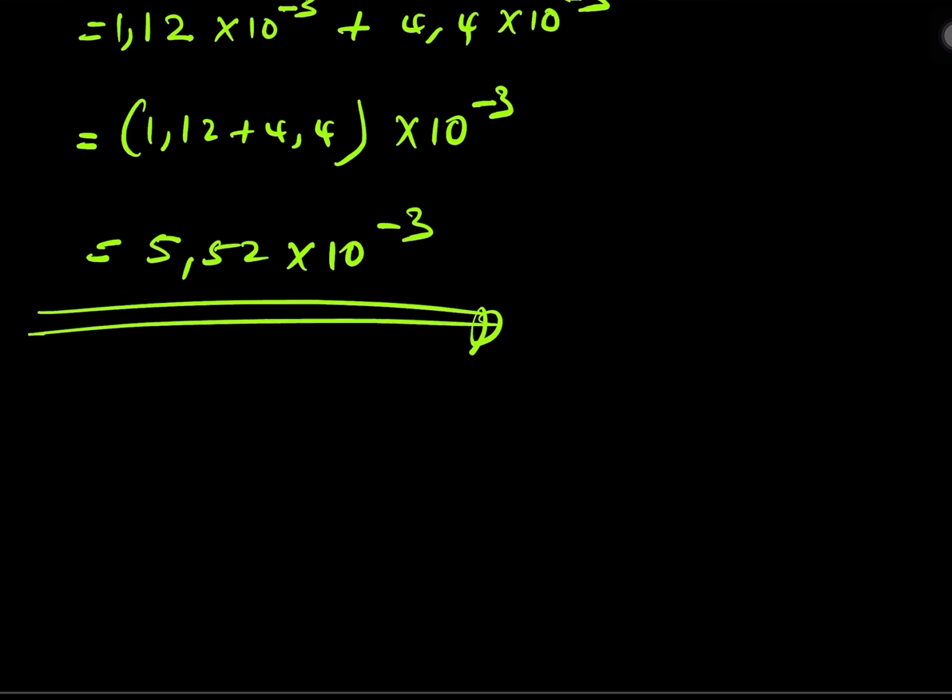Let's do one more example on this, part 2. Let's have now maybe 22.5 multiplied by 10 to the power negative 6 minus 7.3 multiplied by 10 to the power negative 5.